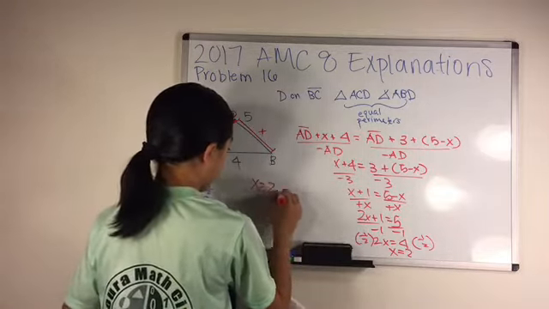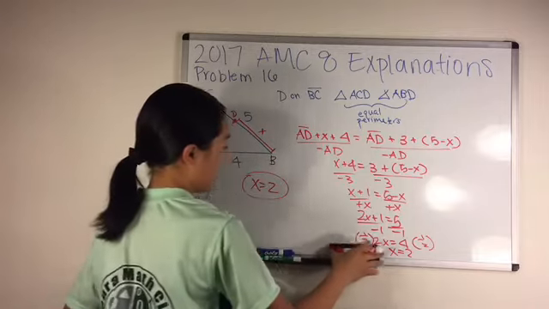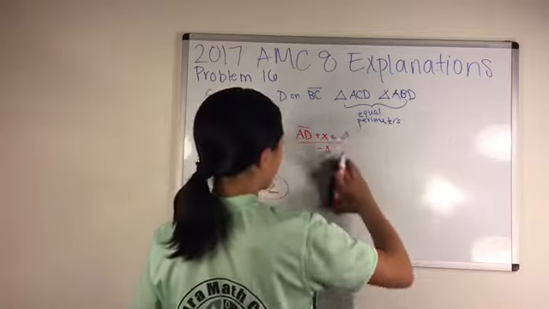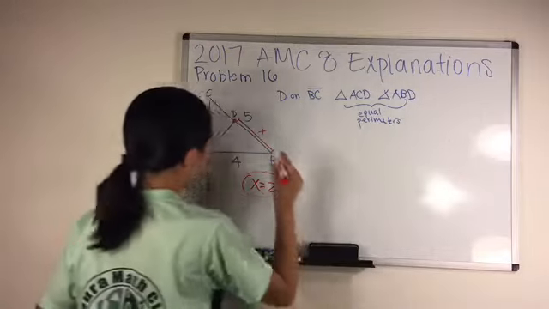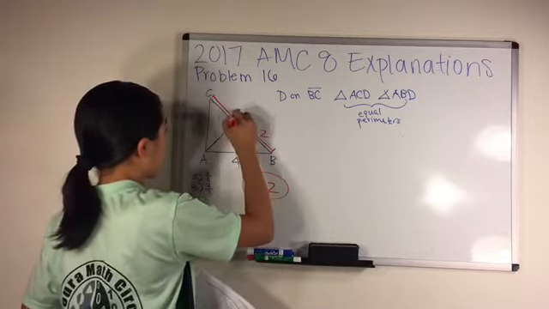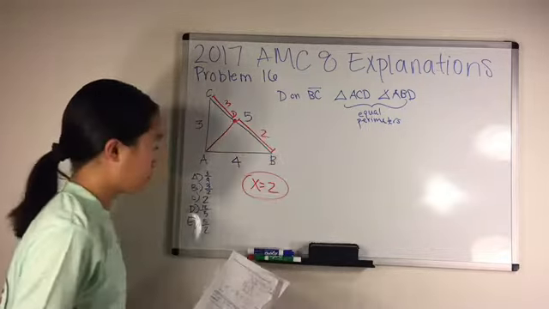So we're going to write that over here. Now that we know X equals 2, we can label this value as 2, and that means that this length over here is 3.